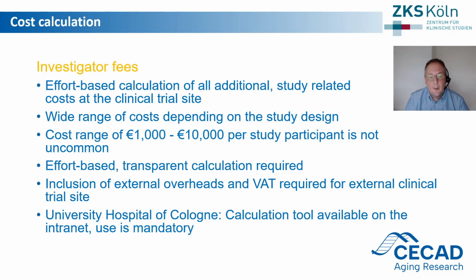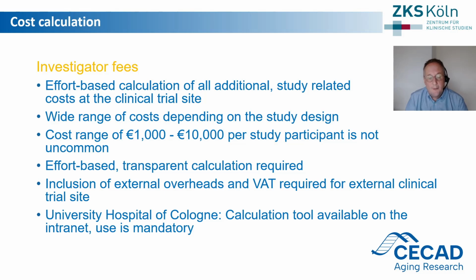This is not uncommon, can be below and above that, of course, but this is a common range for clinical trials. And the important thing is that you need an effort-based, transparent calculation. And if you do transfer money, so this investigator fee will go, of course, to the external trial sites, you have to think of external overheads and external VAT for these trial sites as well, and add them to your cost calculation.